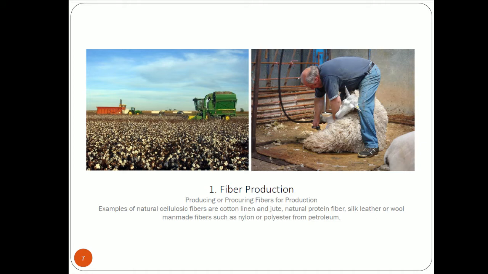So to begin, you have to have fiber production. Fibers are the basic component of any textile. Fibers are small, hair-like strands of either natural or synthetic materials that are then bound together to create yarns thick enough to weave. So think about it.